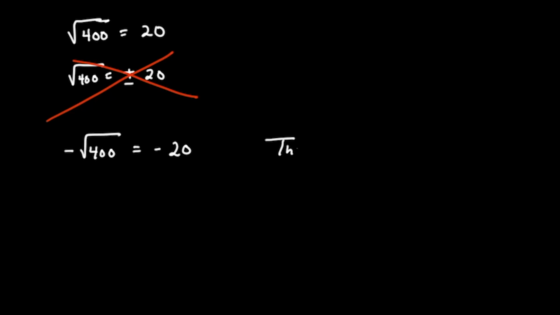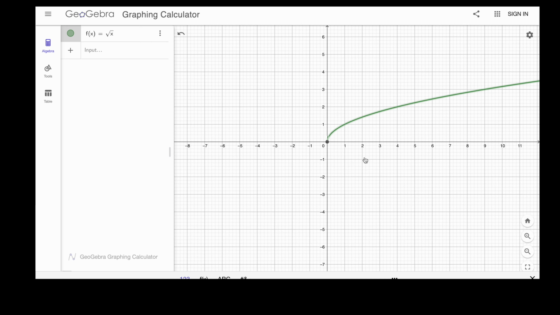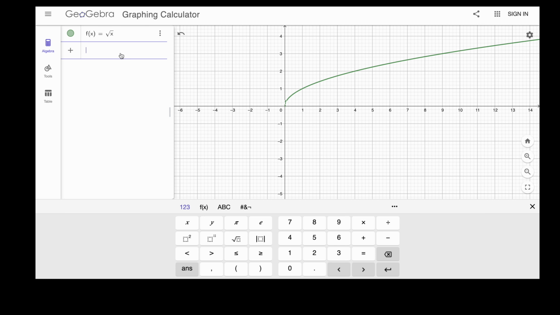This can be shown by the graph of the square root of x. You only see the positive values when you graph the square root of x. You actually have to put in negative square root of x to see the other half of that curve. So you're not automatically going to get the plus and minus anytime you take the square root of a number.